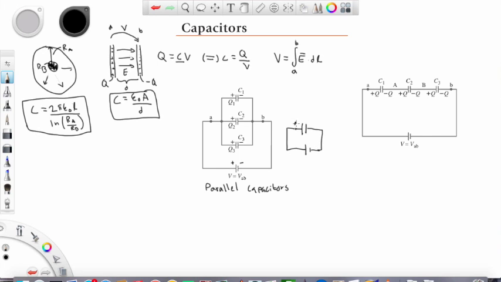Here's point A and here's point B. So we call this the equivalent capacitor. And when these capacitors are in parallel, the equivalent capacitance is simply the sum of all of them. You could have as many as you like, and this would be the same expression.